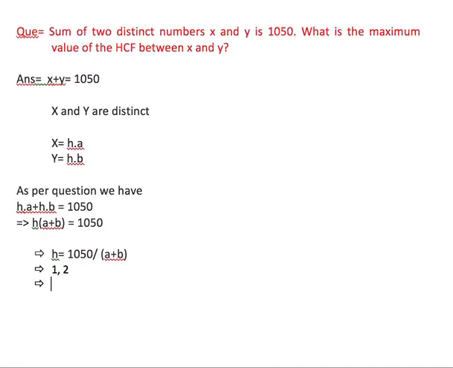Now when that happens, what do we find here? h is equal to 1050 divided by 3. And what is that equal to? 3 3s are 9, 3 5s are 15, 0. So the highest common factor should be 350, and the two numbers will be 350 and 700.